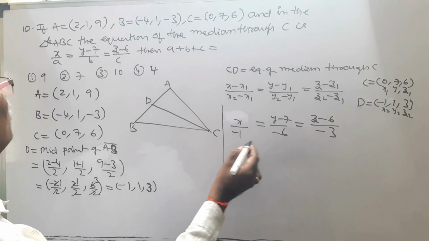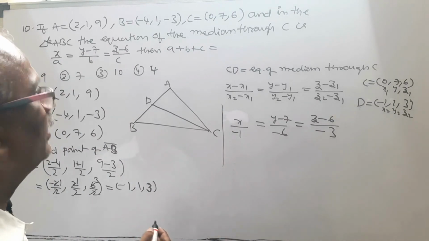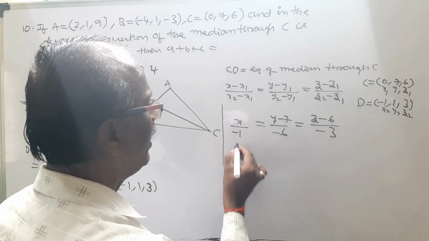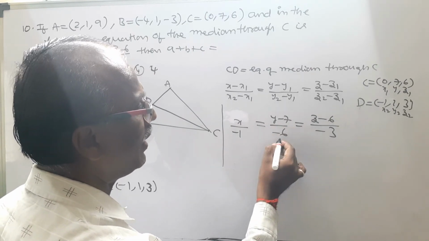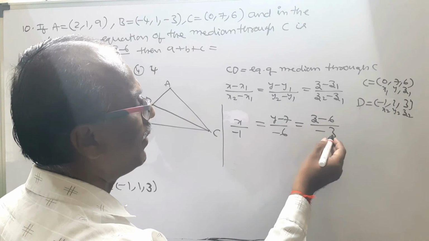Here x by minus 1 is equal to y minus 7 by minus 6 is equal to z minus 6 by minus 3.